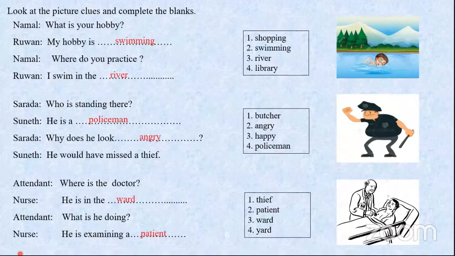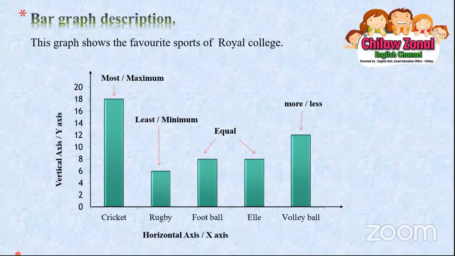Okay, before we go to the next activity, I hope to introduce some parts of a graph, right? In the O-level paper also, you will have a graph to describe. Question number 14 in the second paper, right? So this is very important.